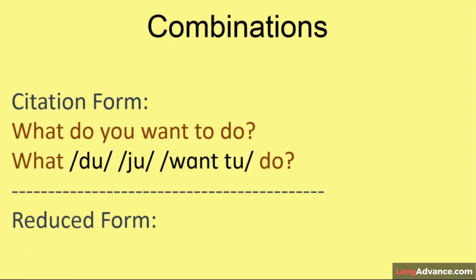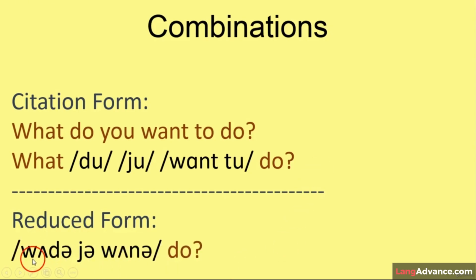And so when we reduce what do you want to do, we can say, whatcha wanna do? We combine what and do to make whatta. You becomes ya. Want to becomes wanna. And we say, whatcha wanna do?